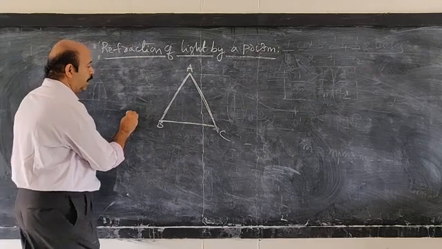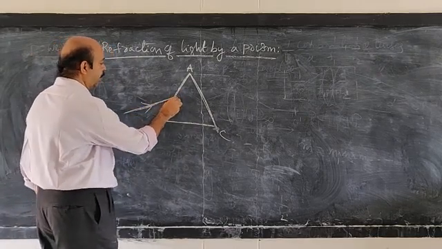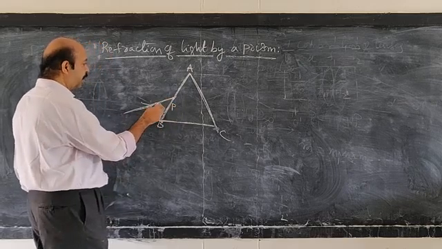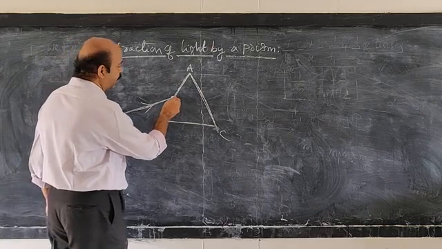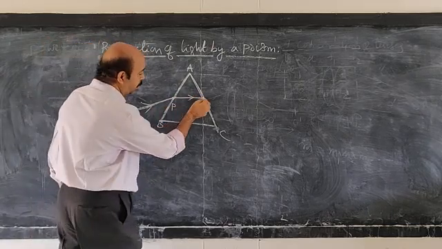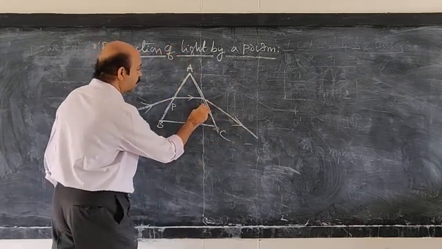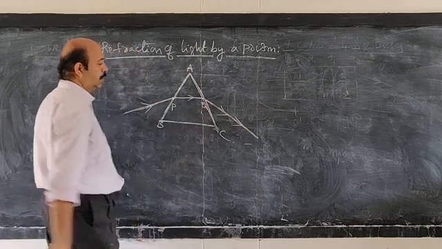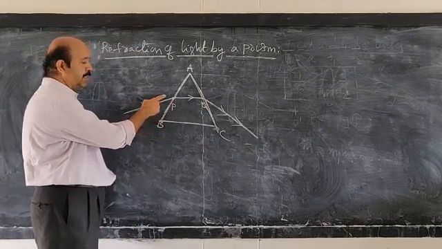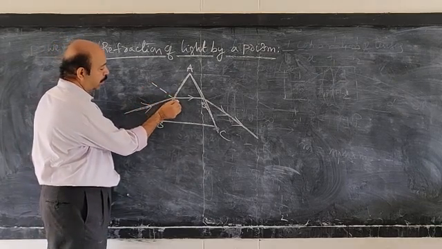Now consider a ray incident like this at an angle at a point, say P. Now the ray after refraction passes through the prism and comes out. Let us say this is some point Q. Then the angle of incidence is measured with respect to the normal drawn here.